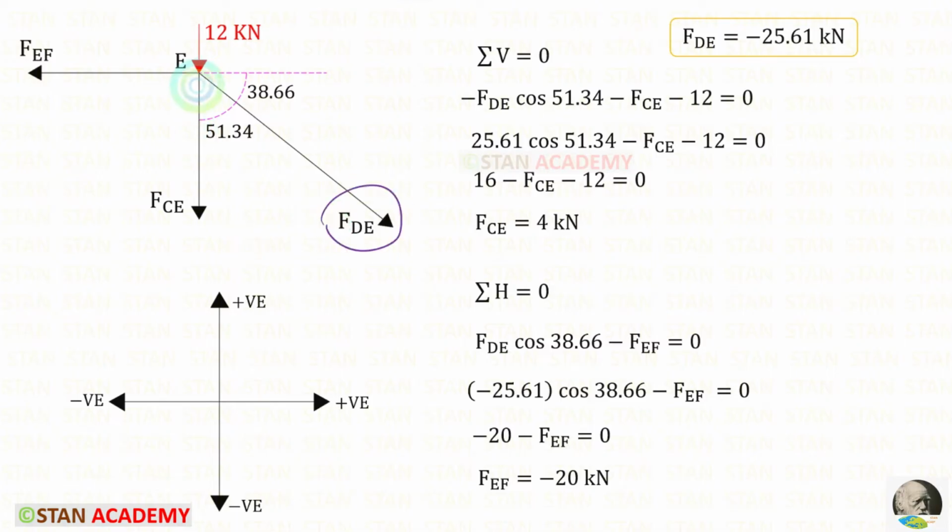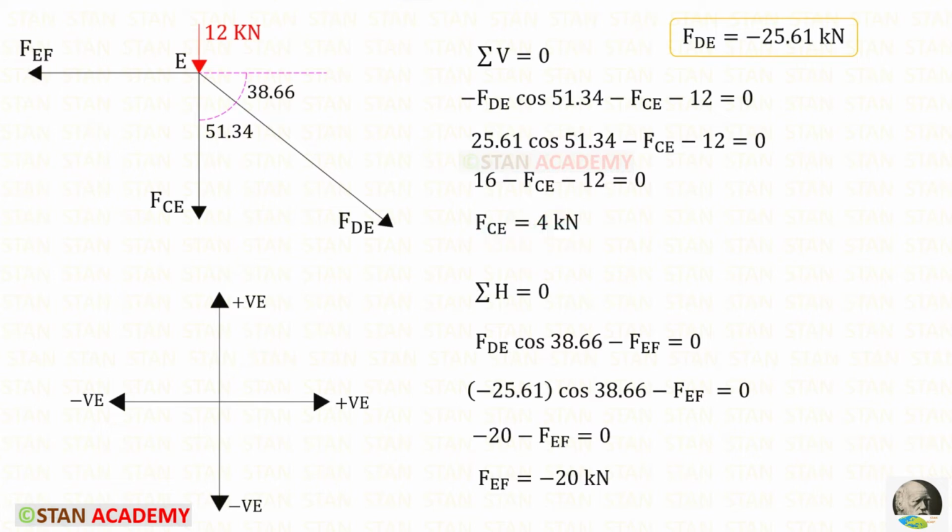FDE is inclined, we have to make it vertical. To make it vertical, we need this angle. So with FDE, we have to multiply cos 51.34. Since it is acting downwards, it will be negative. We can apply the value of FDE. Already here there is negative and this is also negative. So negative into negative, it will become positive. FCE is acting downwards, so it will be negative. For FCE, we will get a 4.